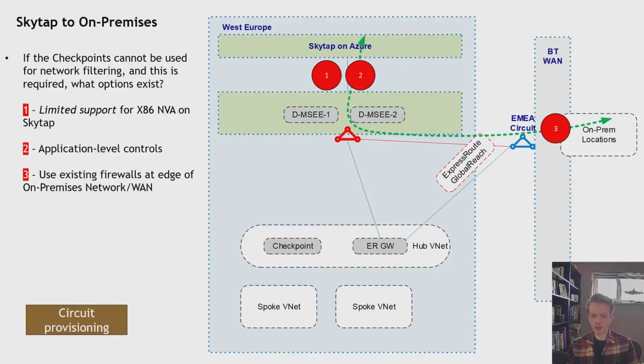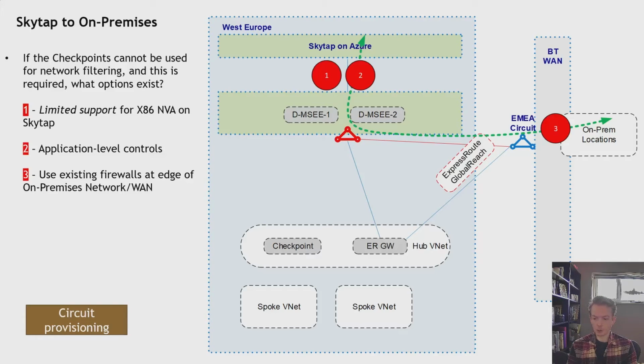One of those implications is that clearly the green line bypasses the customer's hub VNet, and therefore you cannot use the existing checkpoint firewall in this example to do layer 3, layer 4, layer 7 firewall in between the Azure region and on-premises for the Skytap flows.